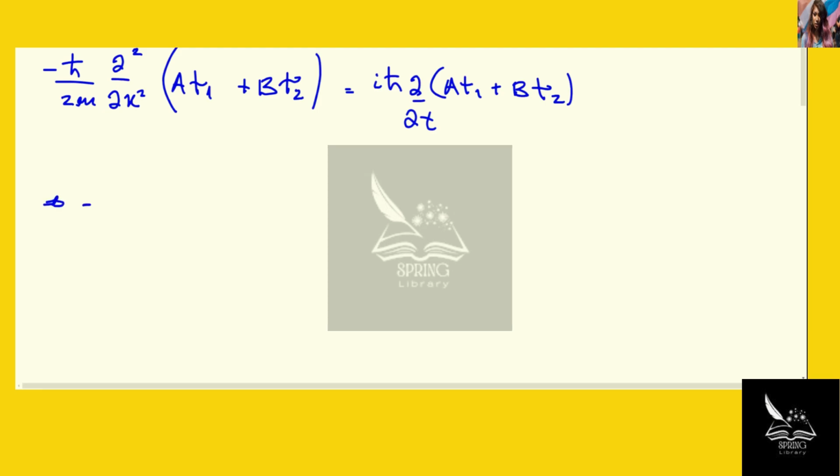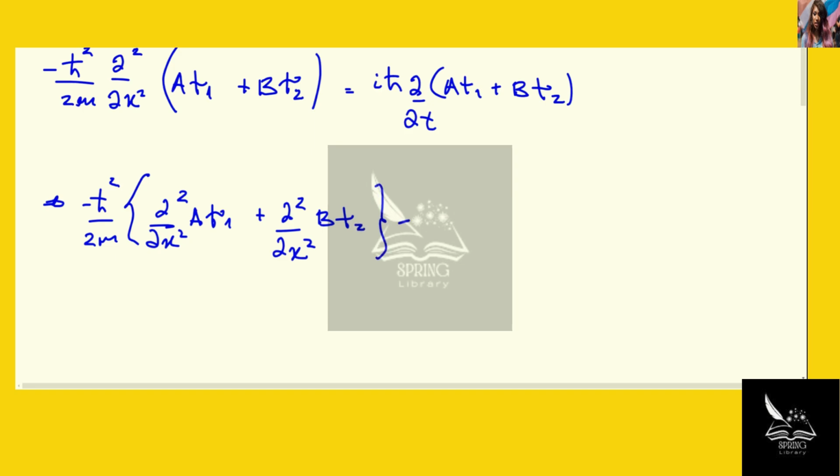Therefore, this is negative h-bar squared divided by 2m, and here we have the second partial derivative with respect to position of a psi 1 plus the second partial derivative with respect to position of b psi 2, close brace, that is equal to i h-bar open brace d/dt of a psi 1 plus d/dt of b psi 2, close brace.